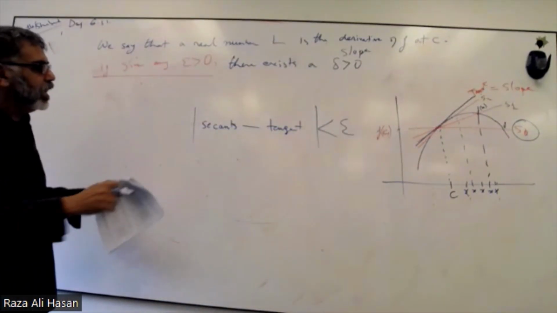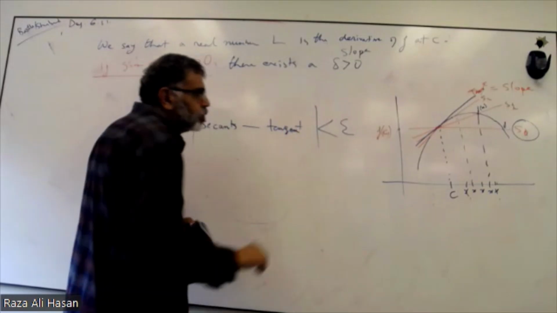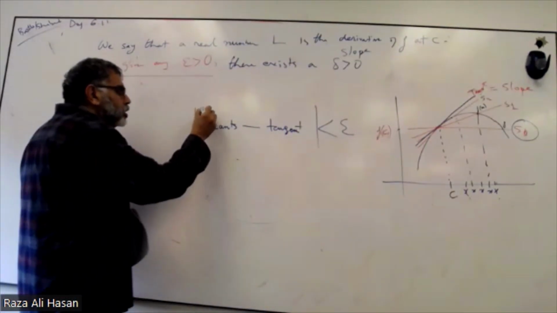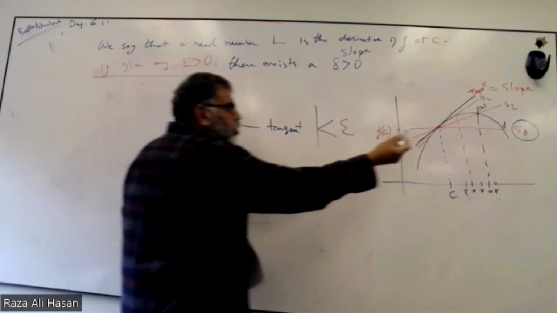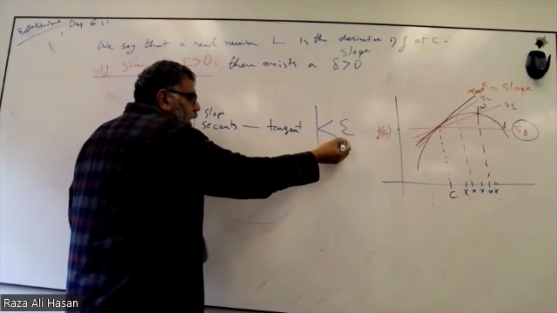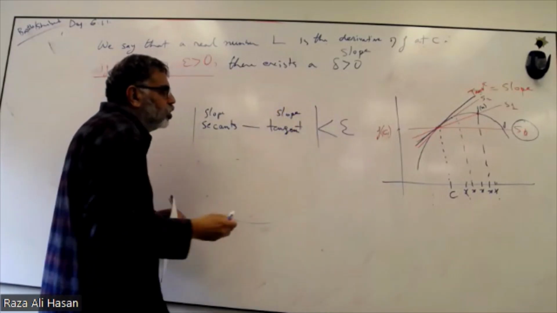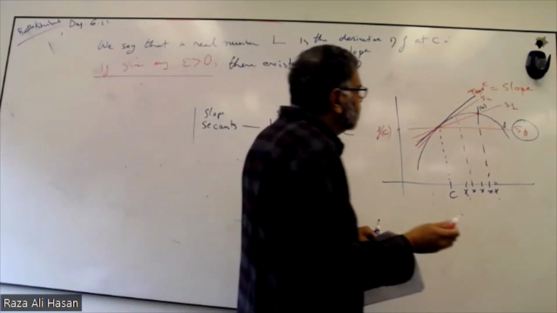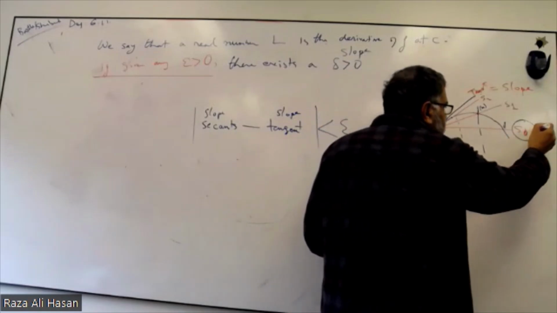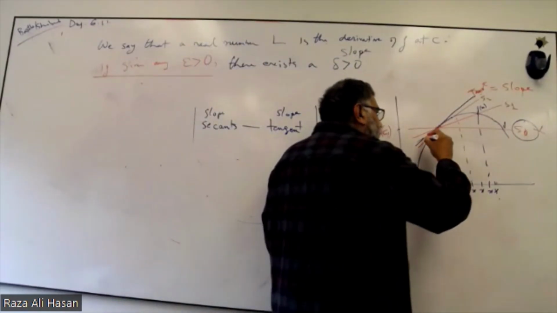All the secants are within epsilon distance of the tangent line, as in slope of the secant line. So the slope of all these secant lines are within epsilon distance of the slope of the tangent line. So we're going to say that S naught is not within the epsilon distance, starting right here.